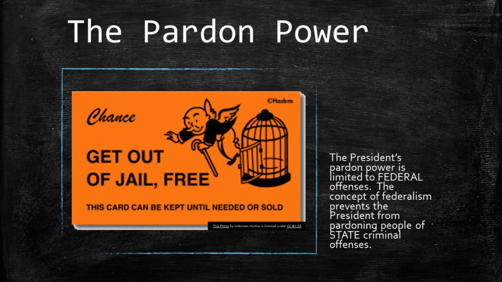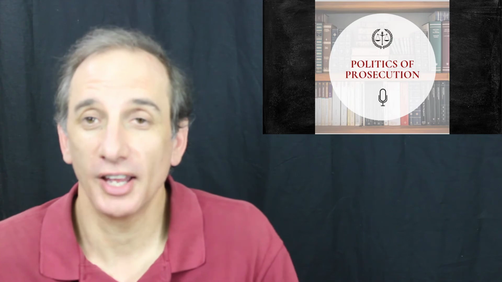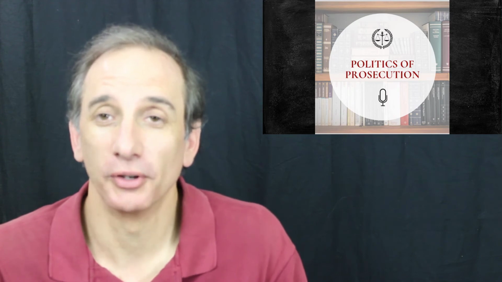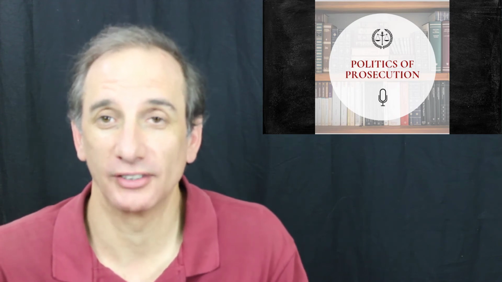The key limit to this is it's only for federal crimes. Here comes that notion of federalism again. Federal crime, the president can pardon. If it's a state crime, if it is just an ordinary murder in a particular state, the president has no authority to pardon that person. That authority would rest with the state's governor.